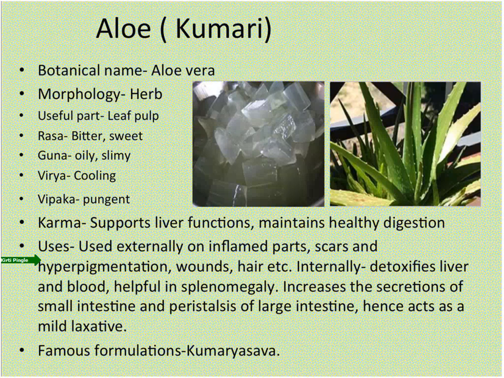Kumari, in Sanskrit, means young woman, or a woman who has started showing periods. So the aloe is named Kumari because it helps in issues with menstrual fluid or the menstrual cycle.